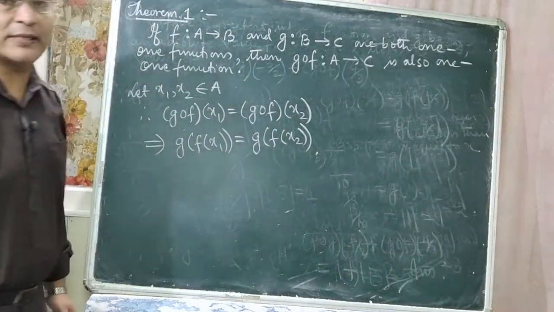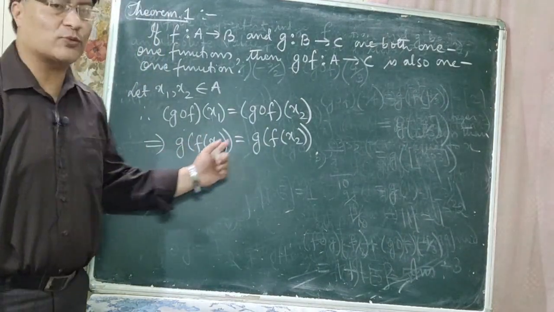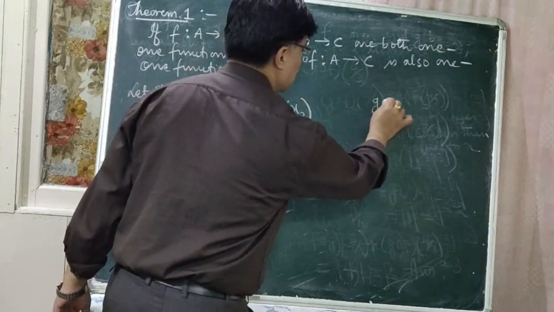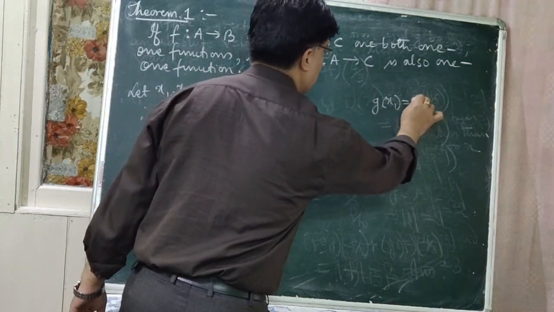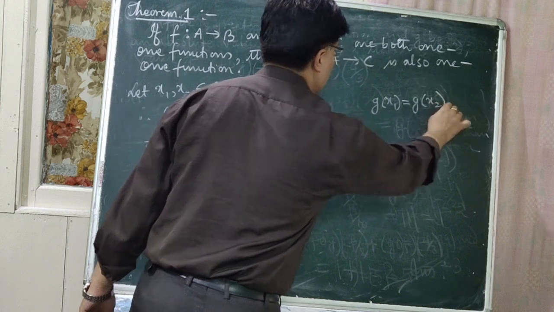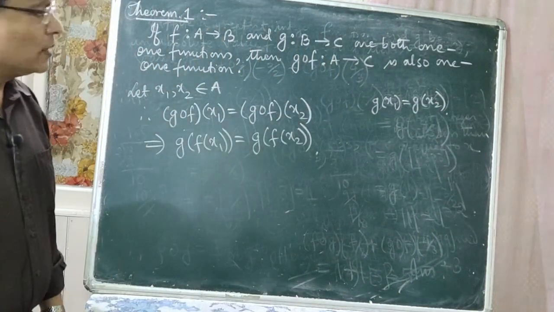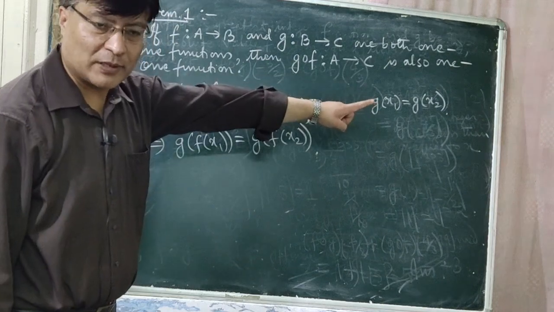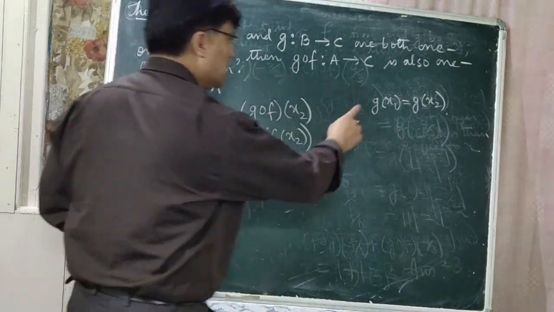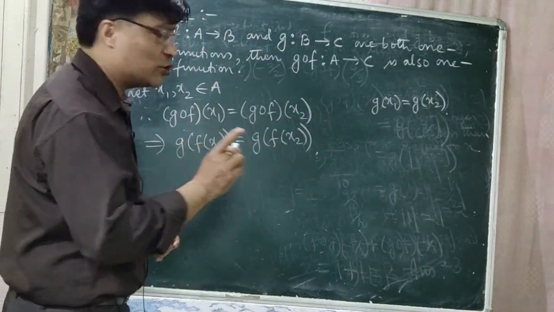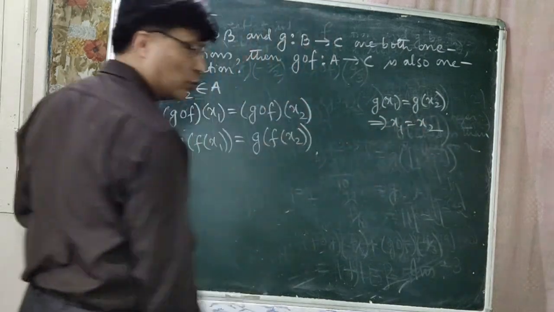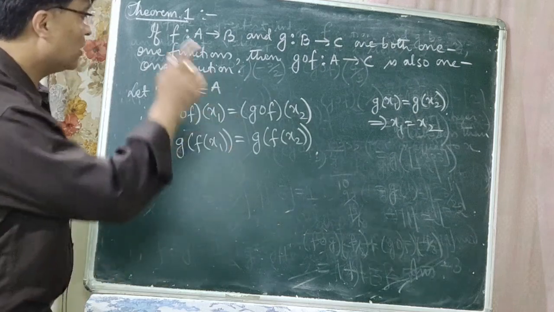So g of f of x1 is equal to g of f of x2. Here it is given that g is a 1-1 function, so it implies that x1 is equal to x2.